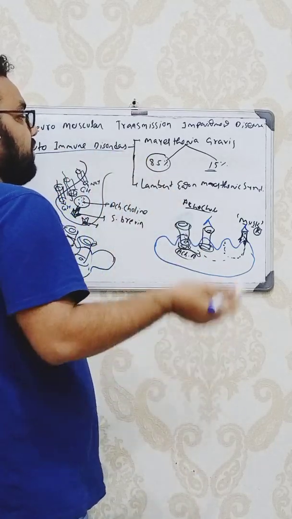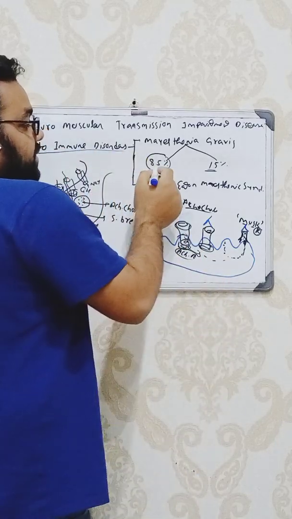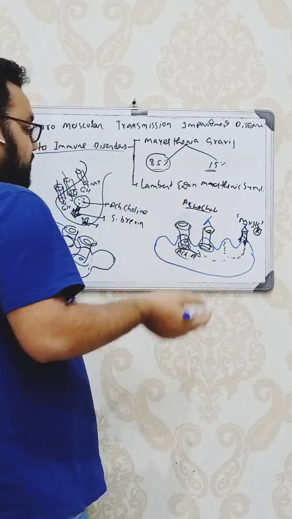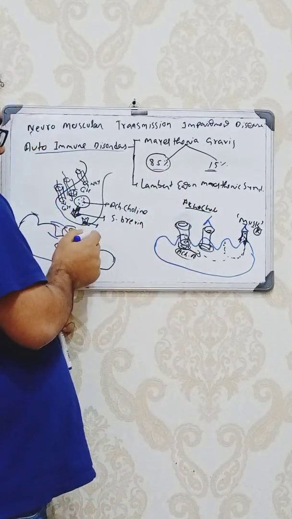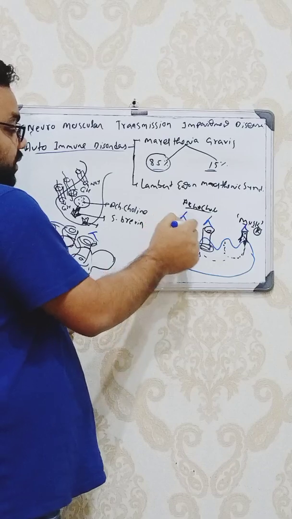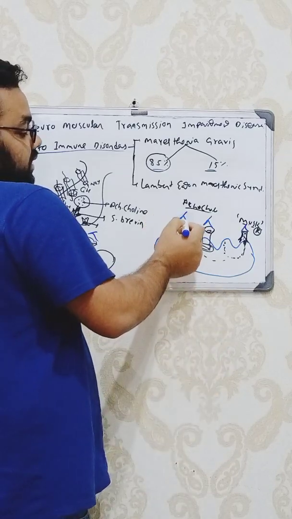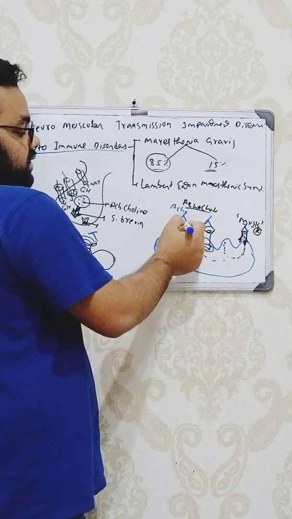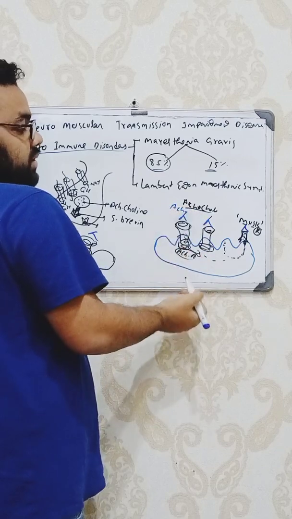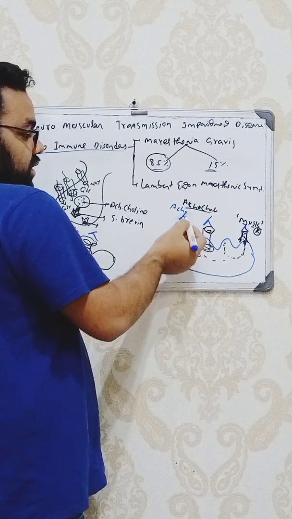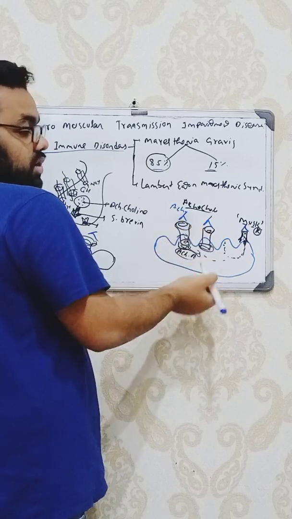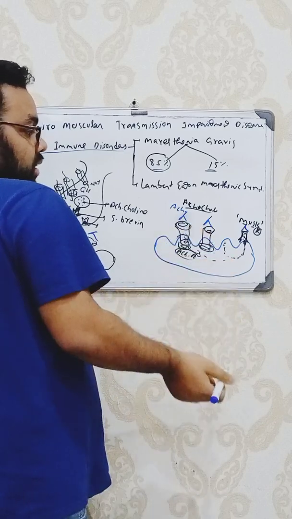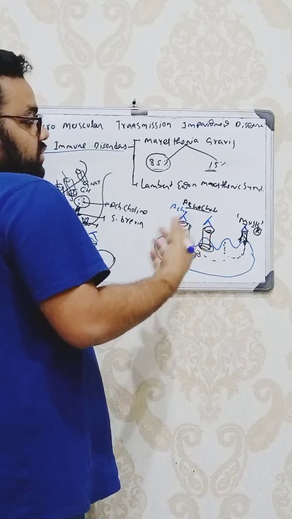I am repeating again: in myasthenia gravis, 85% of the people have autoantibodies against these acetylcholine receptors. If this is blocked, then the acetylcholine cannot bind. As a result, there will be no nerve impulse, no signals sent to the muscular activities. As a result, we will see impairment of muscular function.